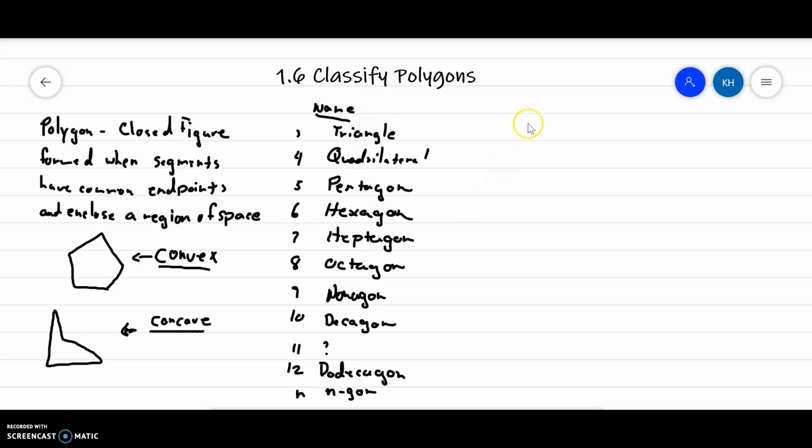And then the last thing we have are some more words. One's equilateral. When you look at the prefix here, equa means equal, lateral means sides, so this means all sides congruent.